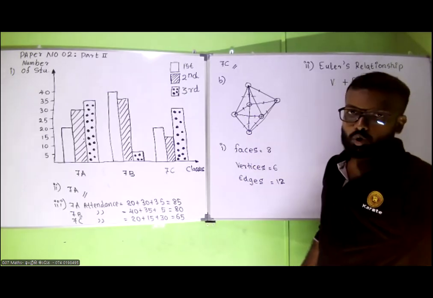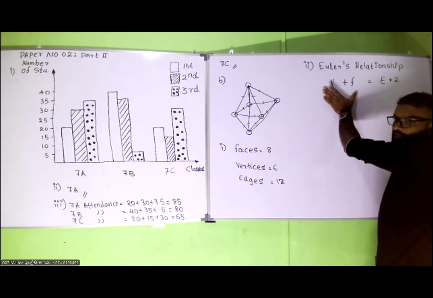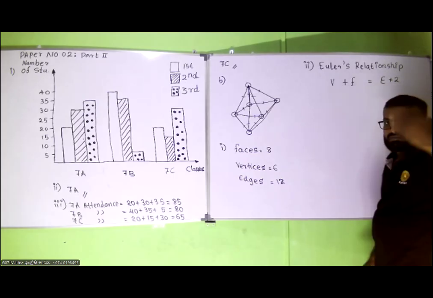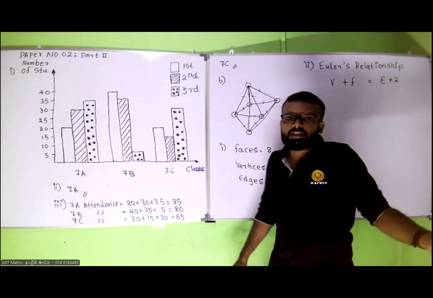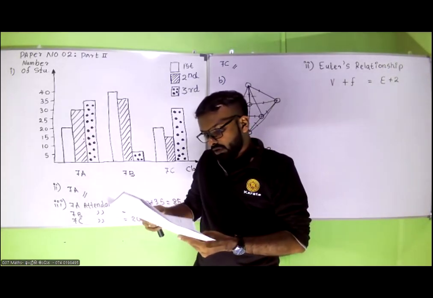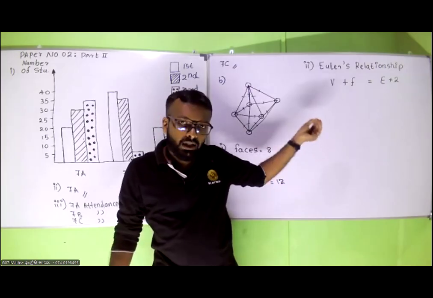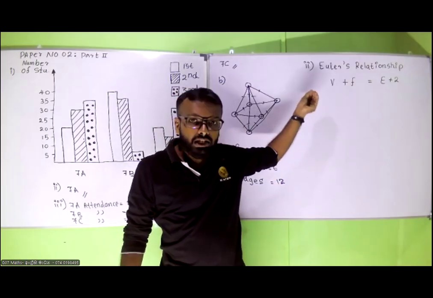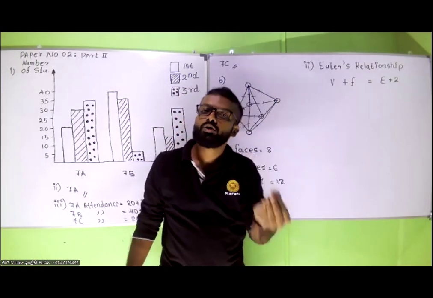We have to show that left hand side equals right hand side, then that is over. Then we can say the above solid is satisfying the Euler's relationship. That is the only thing that you need to say.